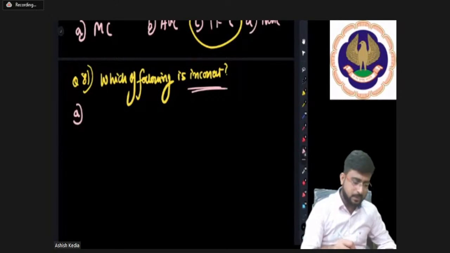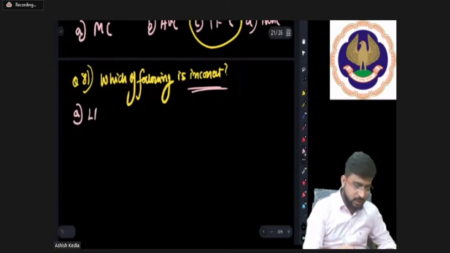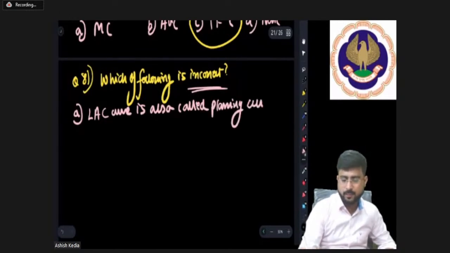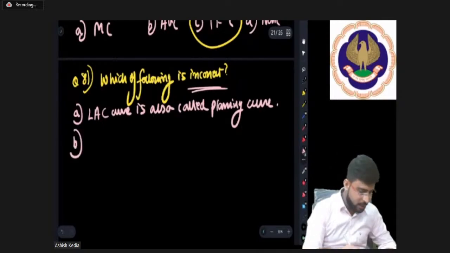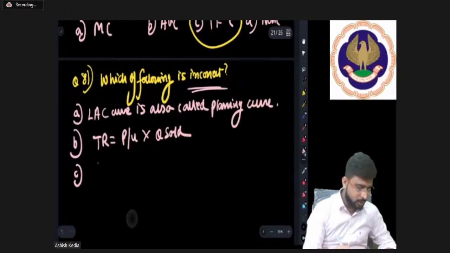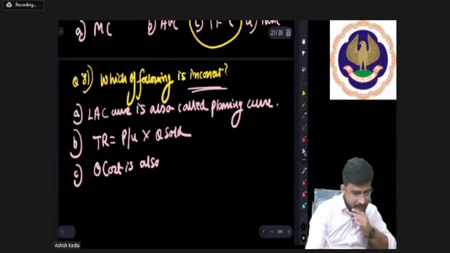A, LAC curve is also called planning curve. Option B, total revenue equals price per unit into quantity sold. Absolutely correct. C, opportunity cost is also called alternative cost.